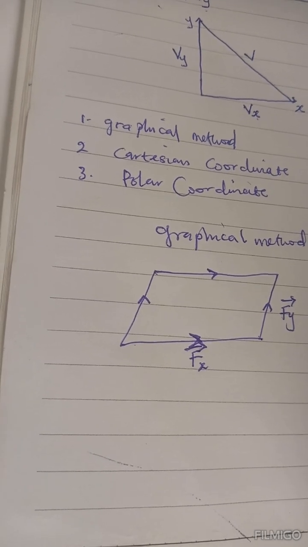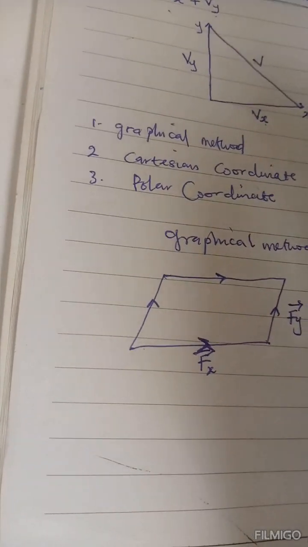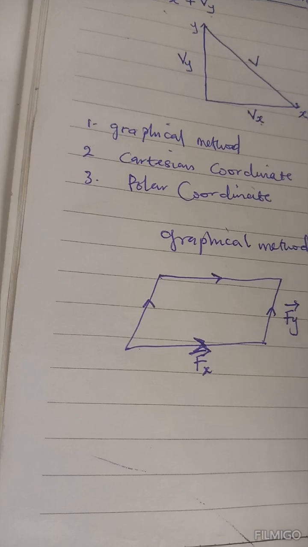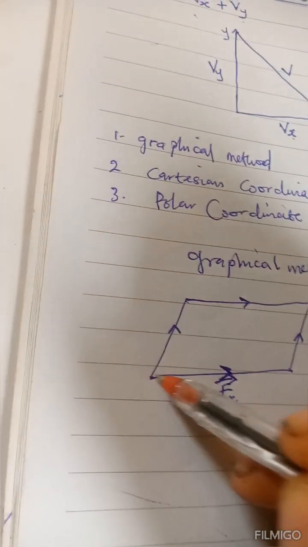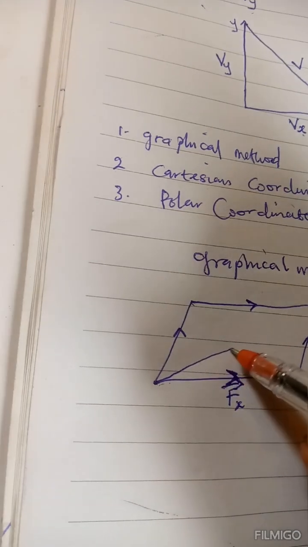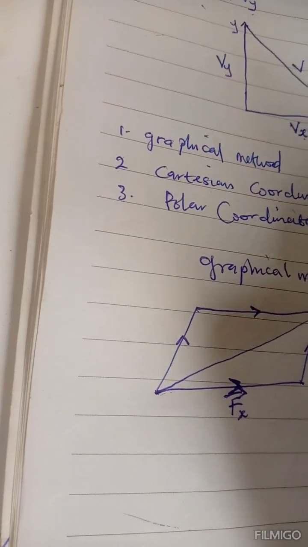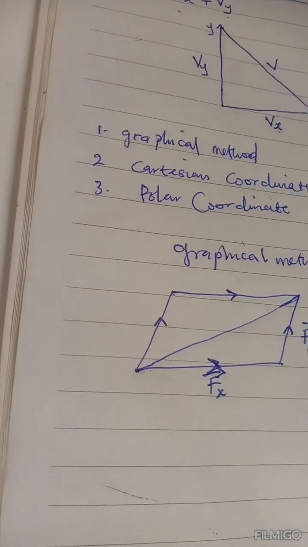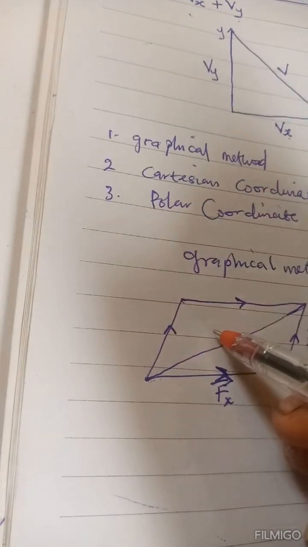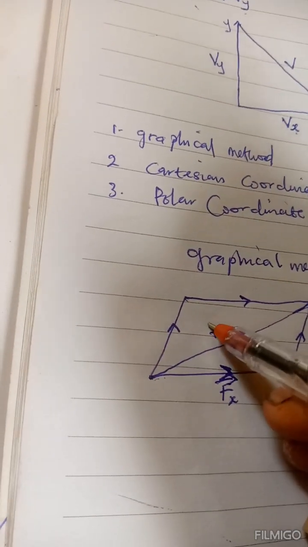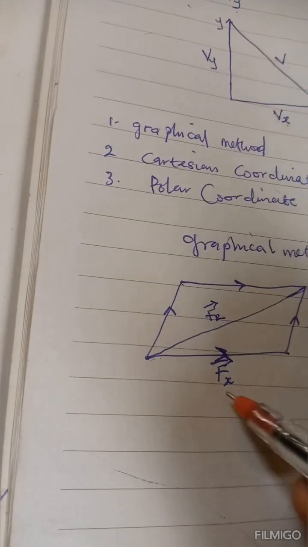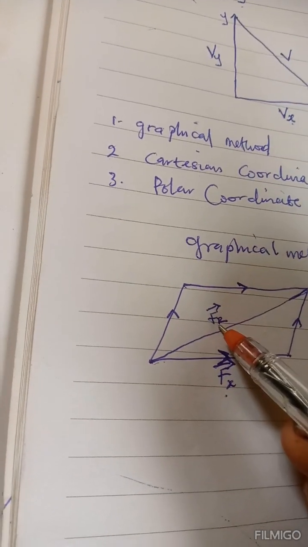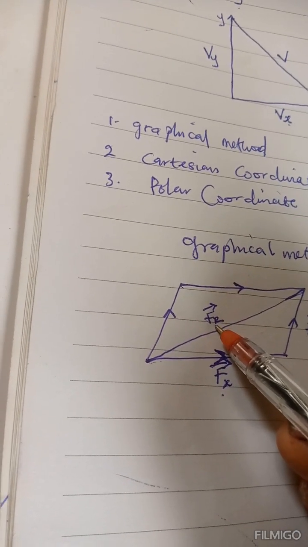For me to get the resultant force, I have to draw a diagonal through the center of the parallelogram, and this becomes my resultant force. Which means that if I add these two together, I get a vector Fr.